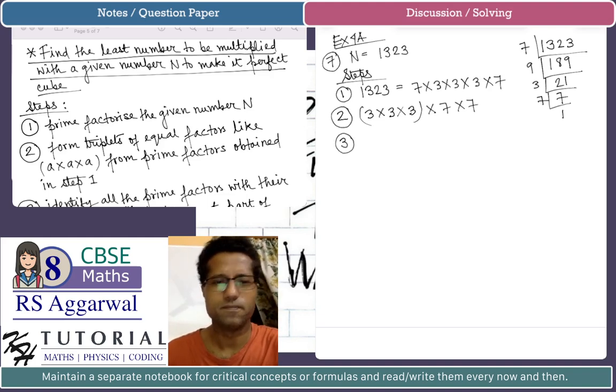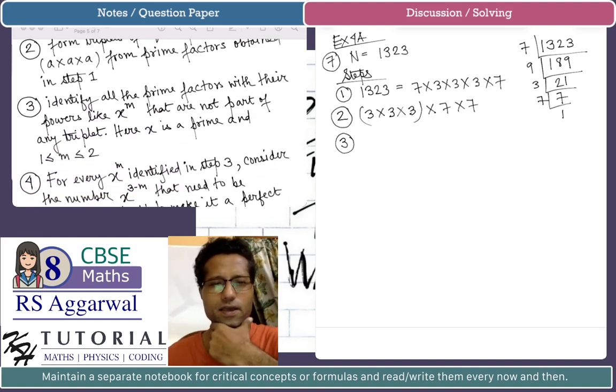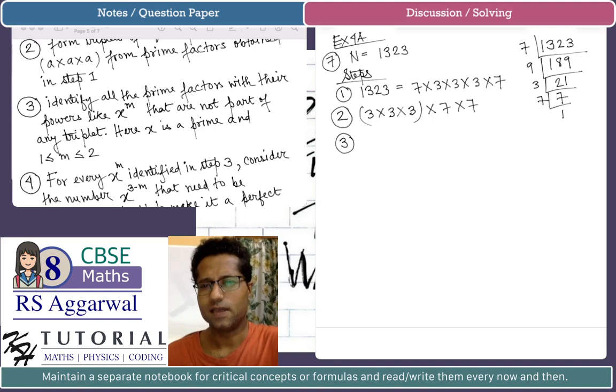What is step 3? Step 3 says identify all the prime factors with their powers, like x to the power m, that are not part of any triplet. In this example we have only one triplet, and the 7 into 7 is not part of any triplet.